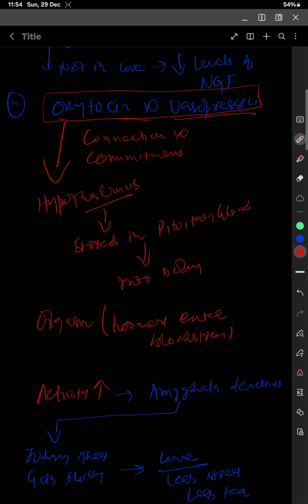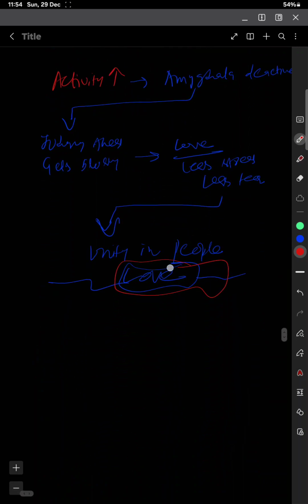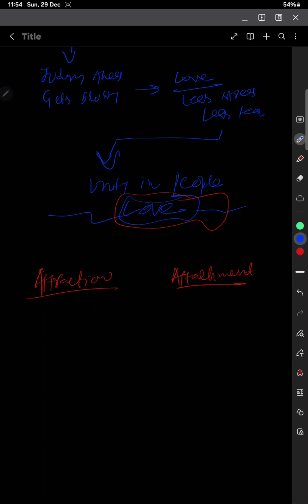You can also remember these two terms, which are most commonly used: attraction and attachment. For attraction, there are three important hormones: dopamine, norepinephrine, and serotonin.